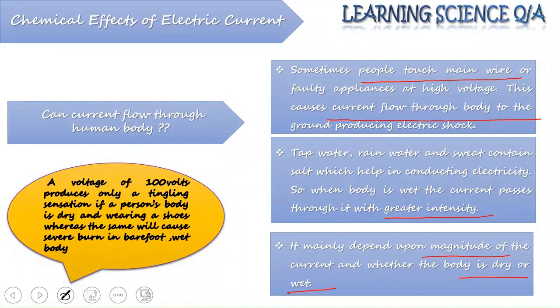Barefoot means they are not wearing anything. This is the reason why it is always advised not to touch the electrical fitting with wet hands, and to use shoes or at least a rubber slipper while handling any electrical appliances, especially during this monsoon season.